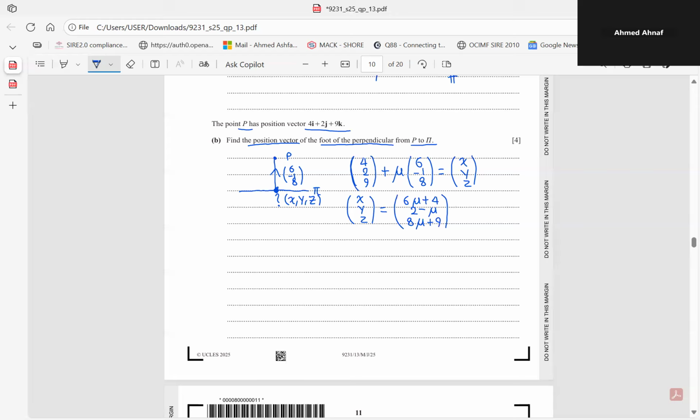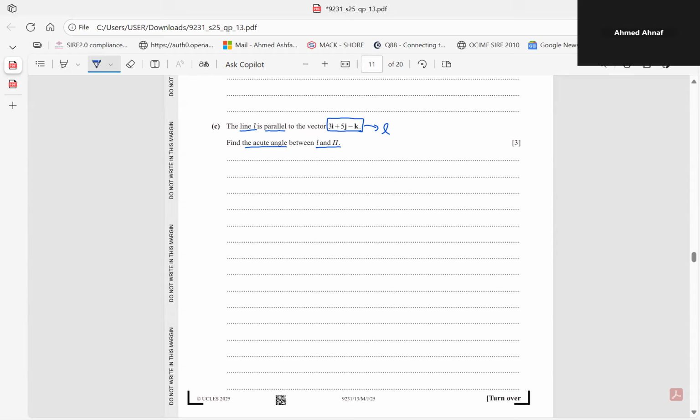Okay, so for this final part, we're told that the line L is parallel to this vector. So we can consider this to be the direction vector of line L. Okay, and now we have to find the acute angle between L and pi.